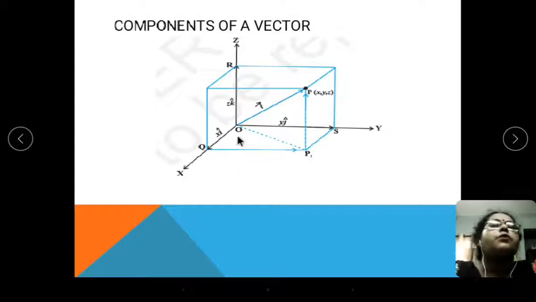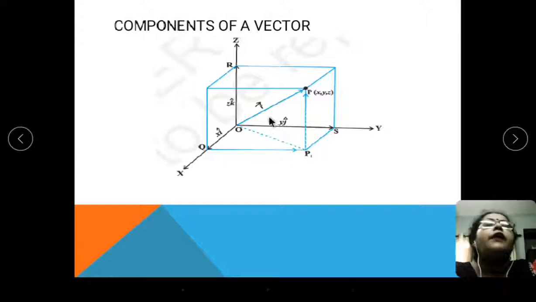So let us suppose that OQ stands for this distance x. If we think in the vector perspective, then OQ we can write as xi, because i stands for the unit vector in the x direction. Similarly, if OS represents the length y, then as a vector it is yj, and the vector OR is zk.